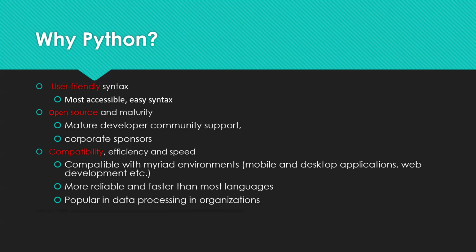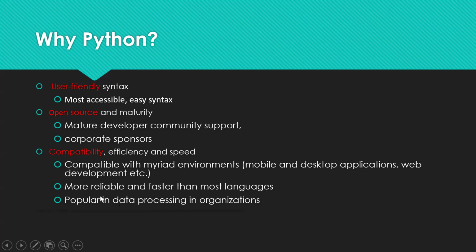Most importantly, this is useful for data scientists because it has packages and libraries which work very efficiently with data. That is the reason why we will also study Python. It is also compatible if you want to develop mobile applications, desktop applications, web development.